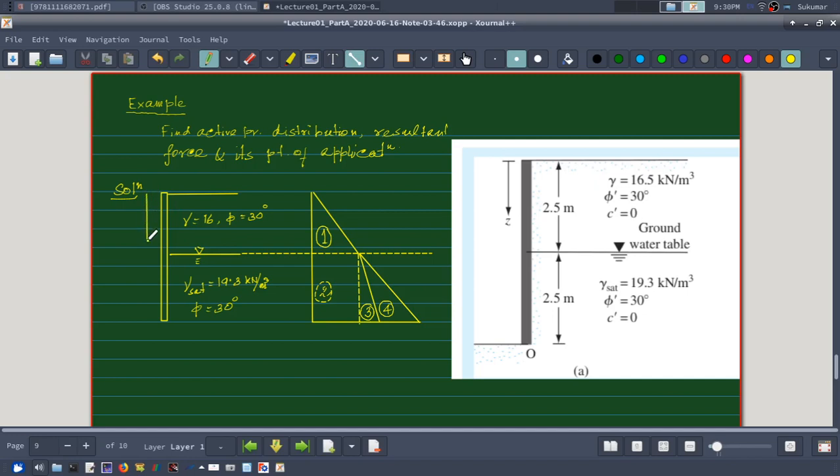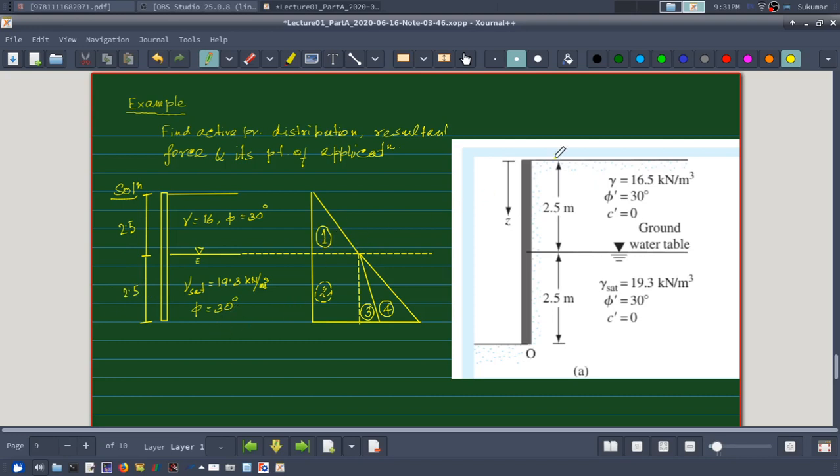This is 2.5 meter and this is another 2.5 meter.